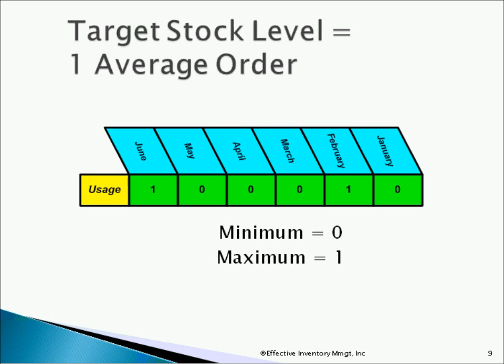For example, if I have a relatively short lead time, maybe under 30 days, and I only sell it once or twice a year, as you can see on this chart, I might want to keep just 1 normal sales quantity in stock. What that would mean is I'd keep a minimum of 0, a maximum of 1. In other words, when I sold the one on the shelf, I'd go out and buy another one.